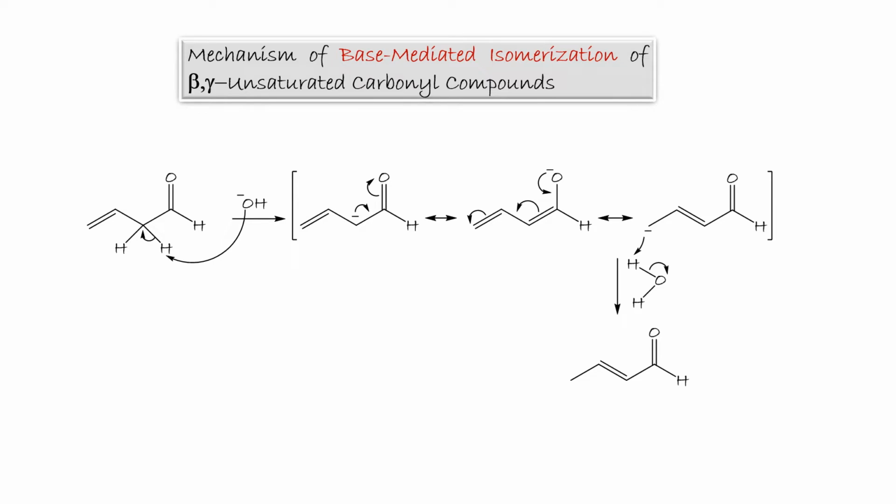Mechanism of base-mediated isomerization of a beta-gamma unsaturated carbonyl compound in basic media: deprotonation first, forming an enolate, which is stabilized by resonance. The negative charge moves from carbon to oxygen to this carbon, which is then protonated once more to form the alpha-beta unsaturated carbonyl. So from beta-gamma to alpha-beta isomerization in basic media.